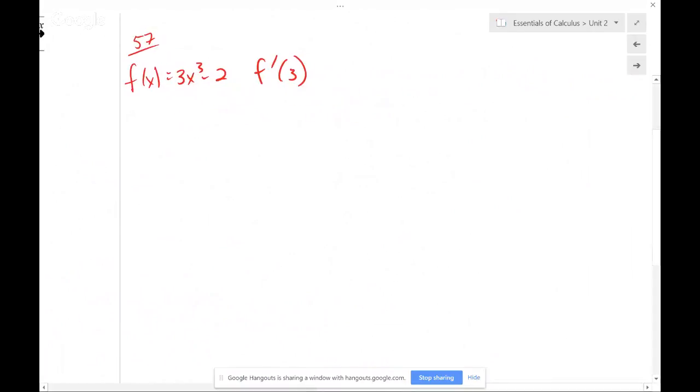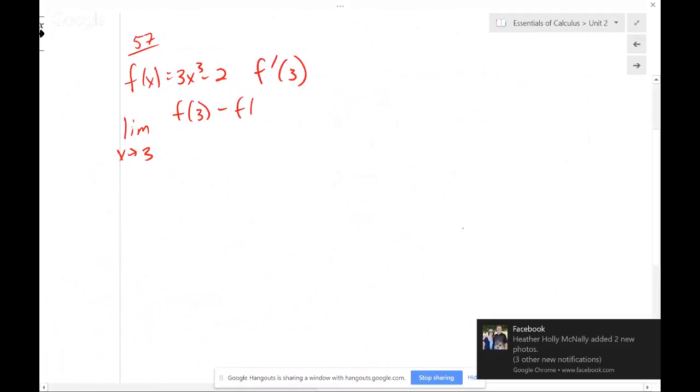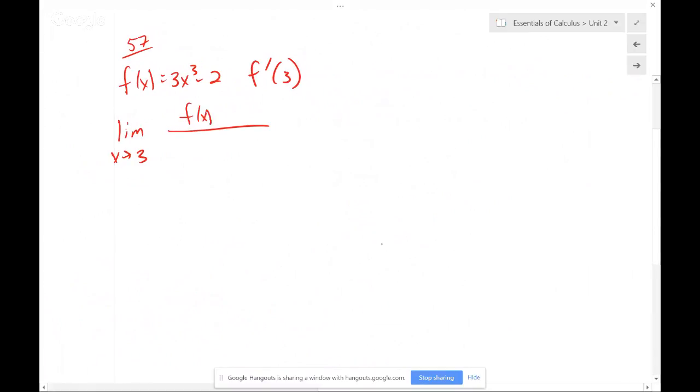All right, so what we're going to do is the alternate form is the limit as x approaches 3 of f of x minus f of 3 over x minus 3.